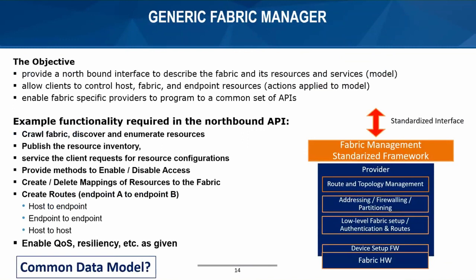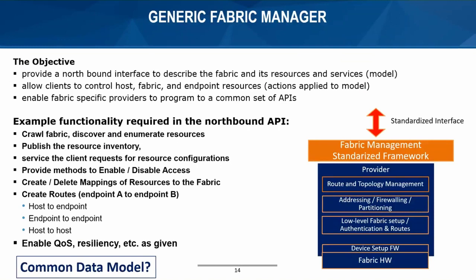Allow clients of the model and the services to control host, fabric, and endpoint resources by manipulating the fabric model and applying actions to the model. And then enable fabric-specific providers to program for a common set of APIs.